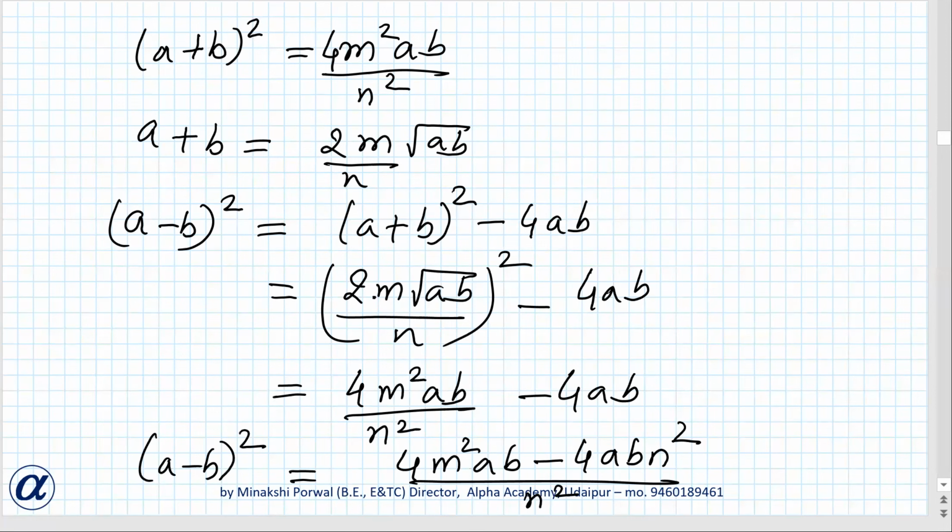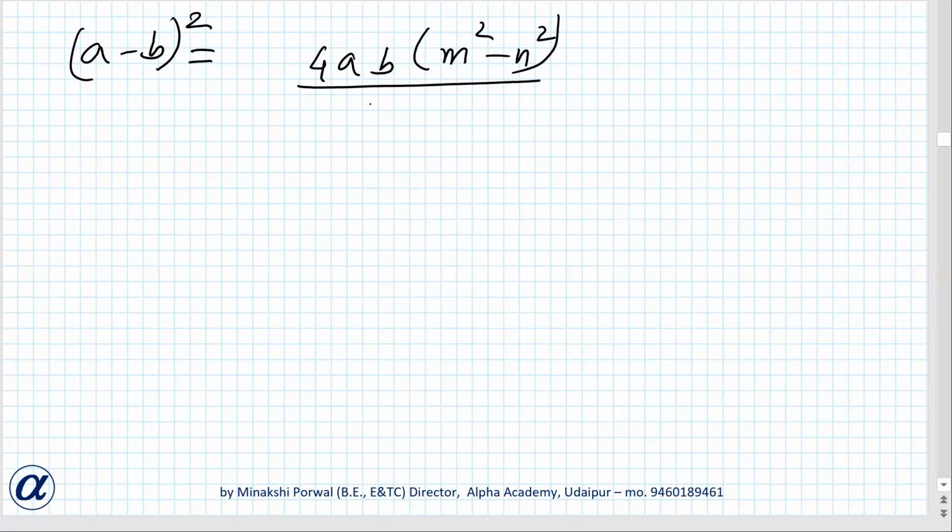We want A minus B, so A minus B will be the square root of this. First of all, we'll take 4AB common, then we'll take the square root. So (A minus B) the whole square is 4AB (M square minus N square) upon N square.